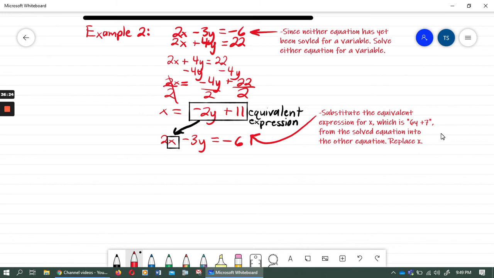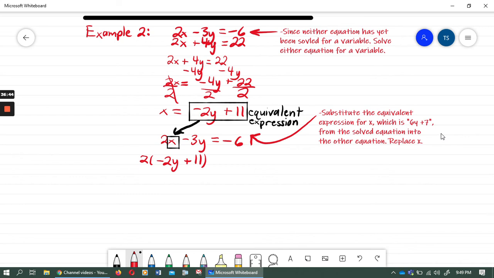Okay, so again, guys, when we substitute that, we've got the 2 there, and it's being multiplied by x, but we're replacing the x with this equivalent expression. Instead of x, we're going to write -2y plus 11.